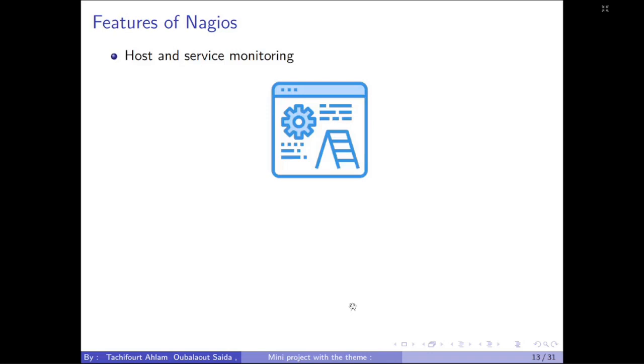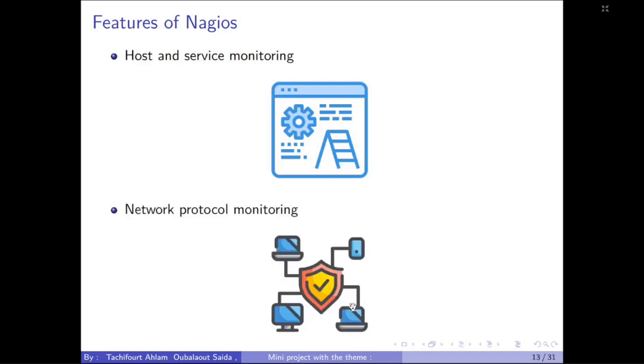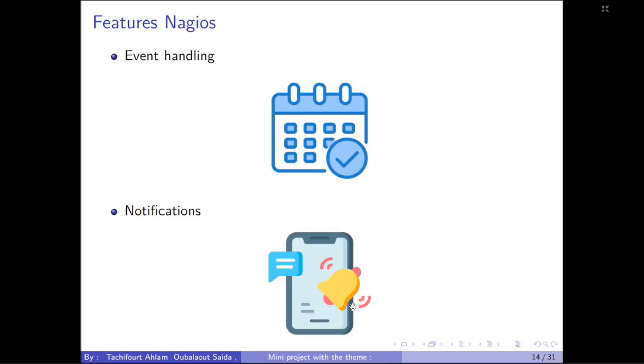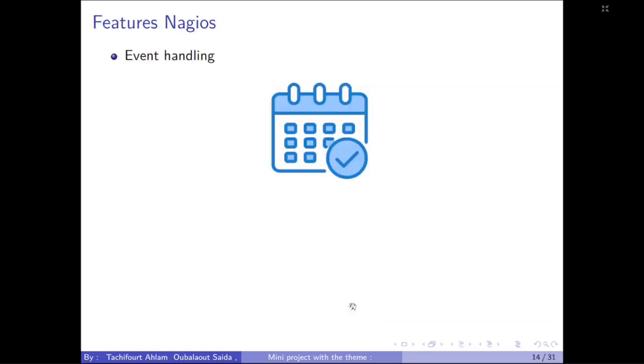We pass now to the features of Nagios. Nagios has several features that make it a powerful network supervision solution: host and service monitoring, network protocol monitoring, event handling, reporting and visualization, notification, and we also have other features like scalability, extensibility, web interface, etc. We start with the definition of host and service monitoring.